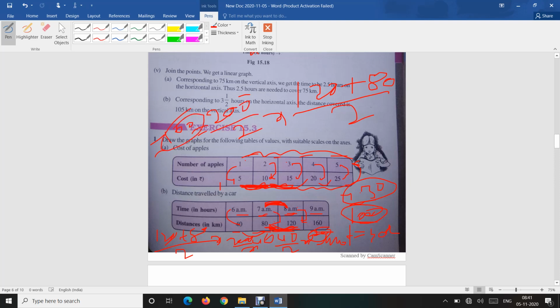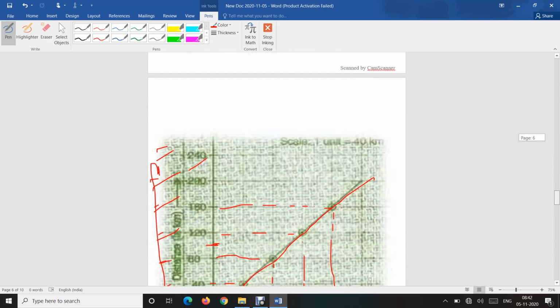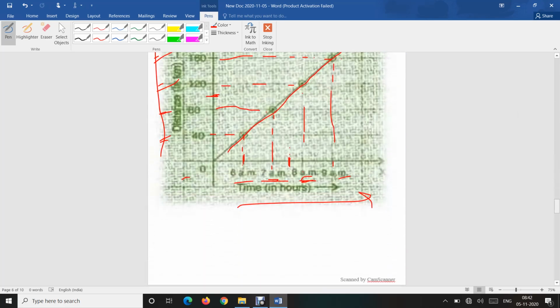That means the distance covered is 100 at 7:30 a.m. That is exactly the middle value, because 100 kilometers lies exactly in the middle of 80 and 120, and 7:30 a.m. lies exactly in the middle of 7 and 8. I hope this concept is clear to you.